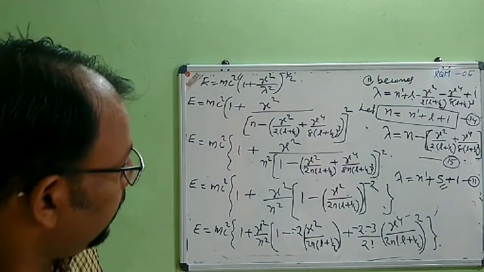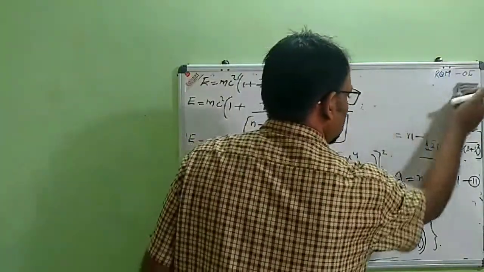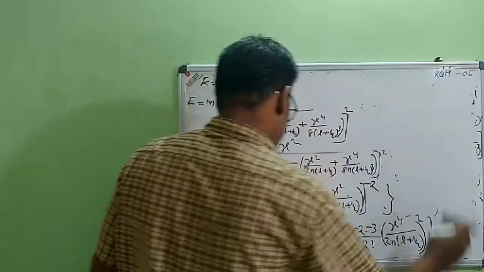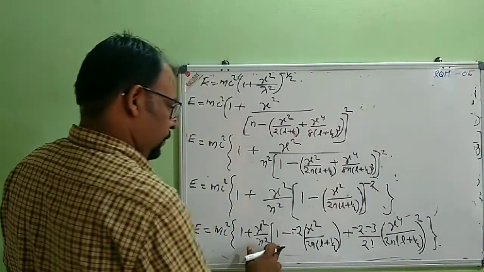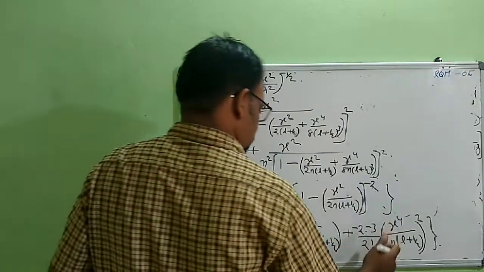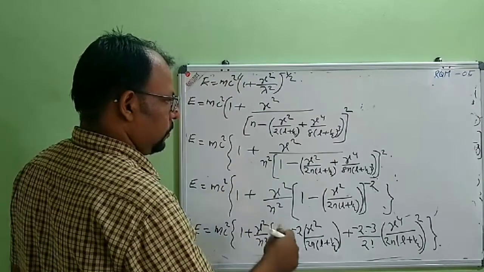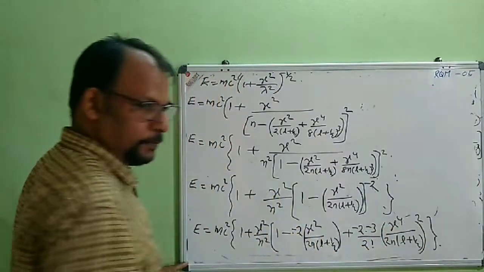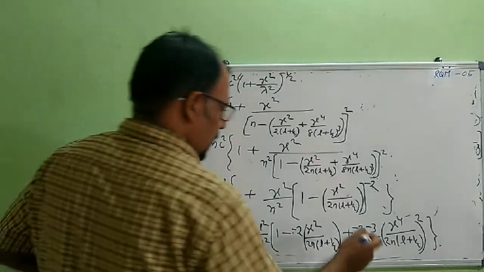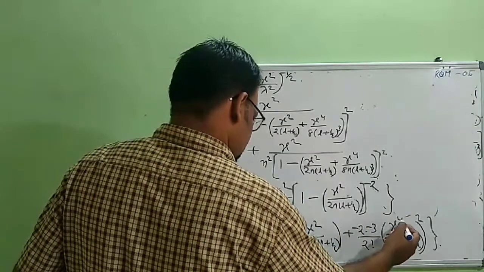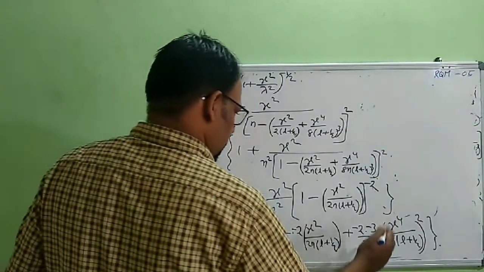This gamma raised to 4, actually we can neglect this term because gamma raised to 4 into gamma square will be gamma raised to 6.